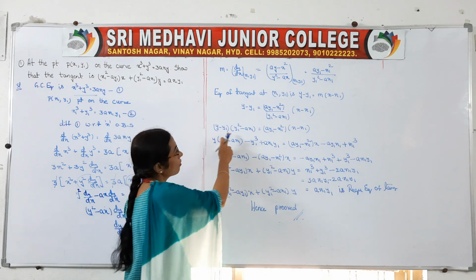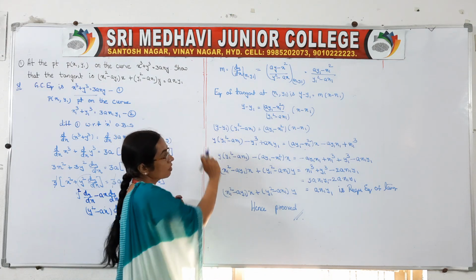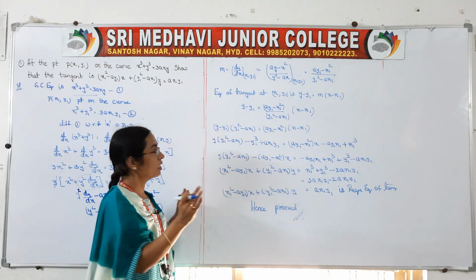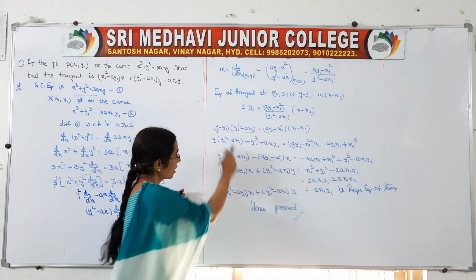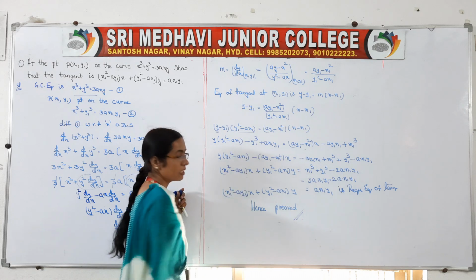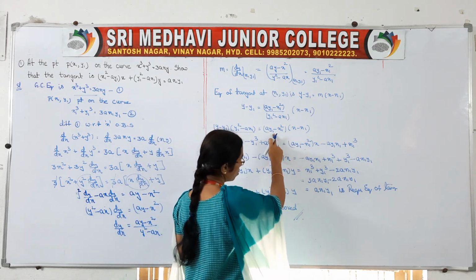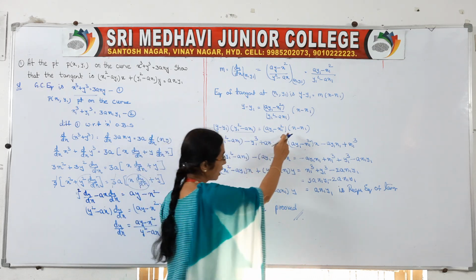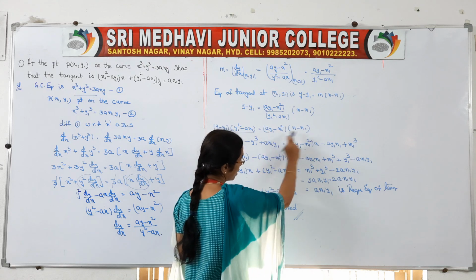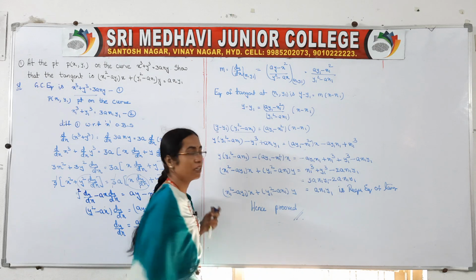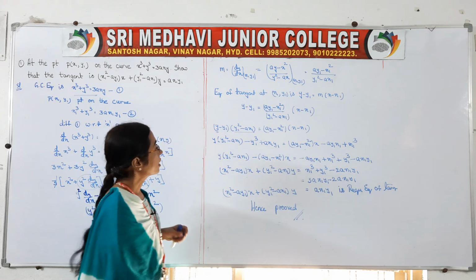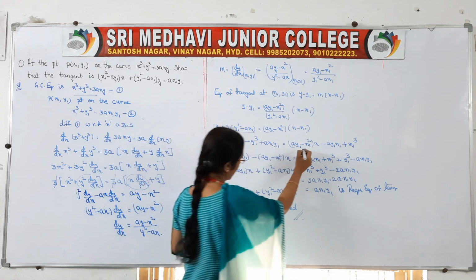Then y terms and x terms should be together, so that's why I have taken y into the entire value, then I multiplied y1. Similarly this side, x into the x terms together, that's why x into these values. Next I multiplied minus x1 with these two values. Okay, so this is the y term, this is the x term.